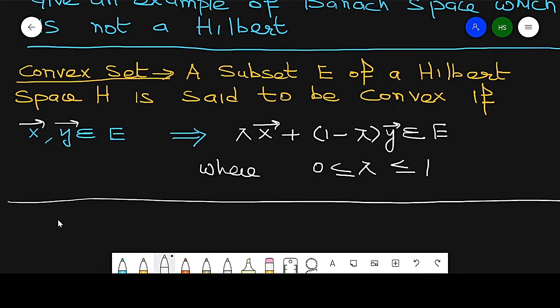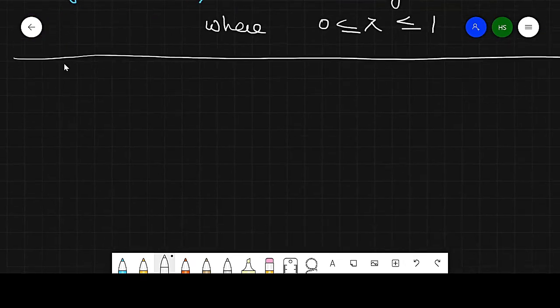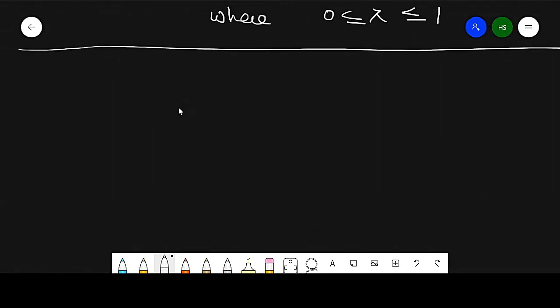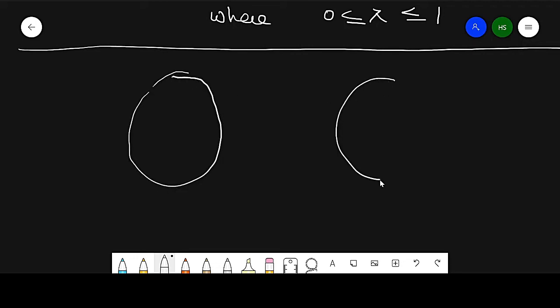Now basically, convex set means, if this is some space, and this is another space, so we have two spaces. If we are taking 2 points, one is x and second is y, and again here one is x, another is y.